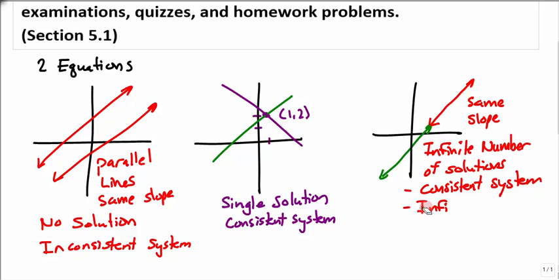I guess we already wrote that up here, so we don't have to write it again. Infinite number of solutions. It's also called a dependent system. It's called dependent because one line runs into the other. They're the same line basically. So graphically, that's what this looks like when we're trying to solve. We have parallel lines in two of the cases, but in one case they have the same y-intercept, so let's make note of that.